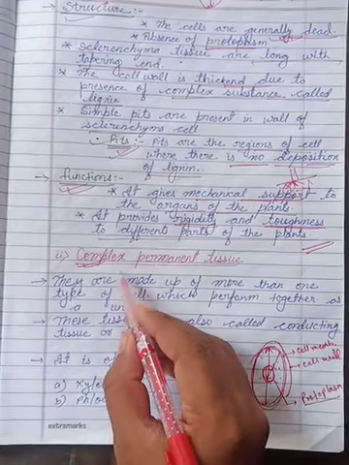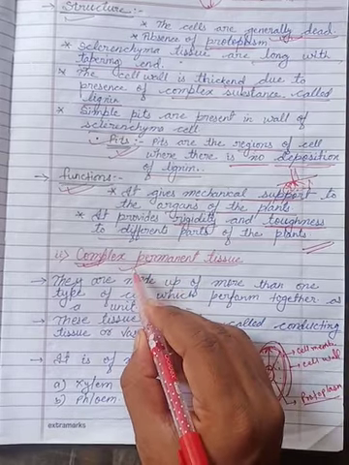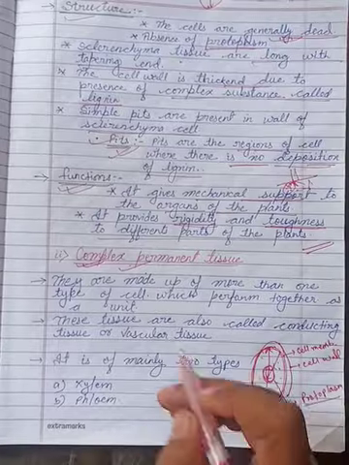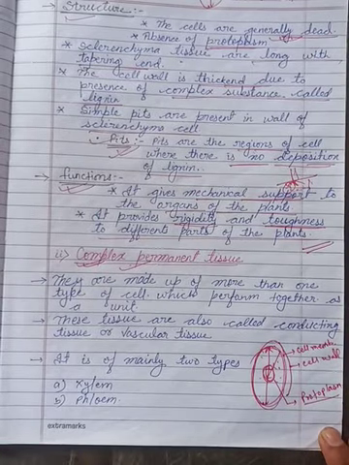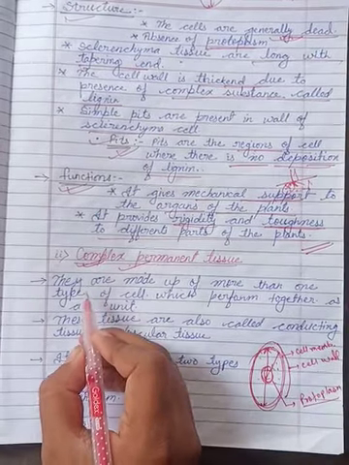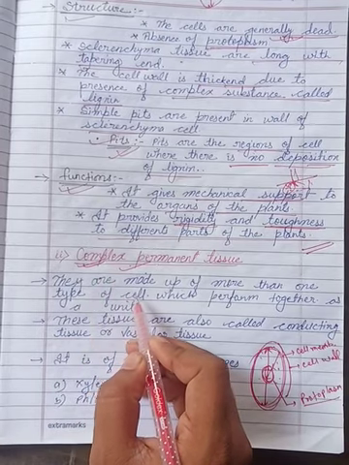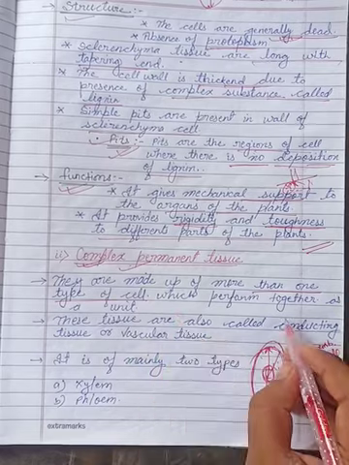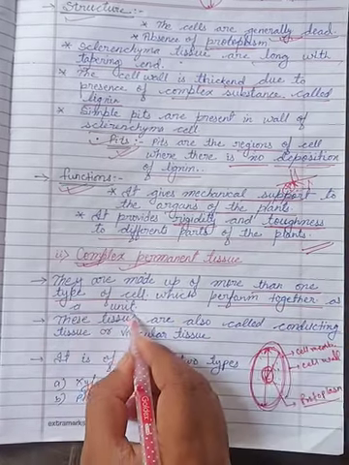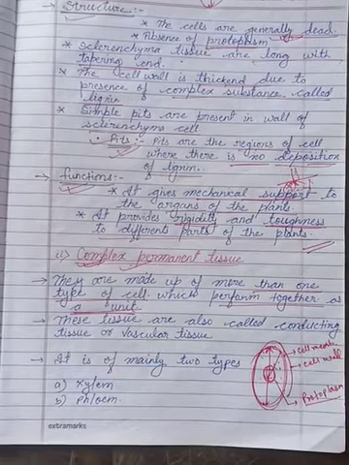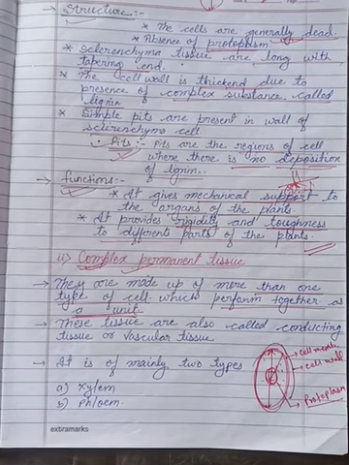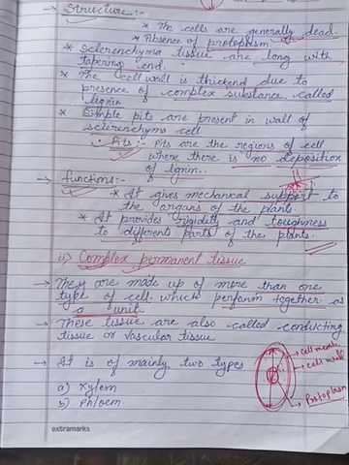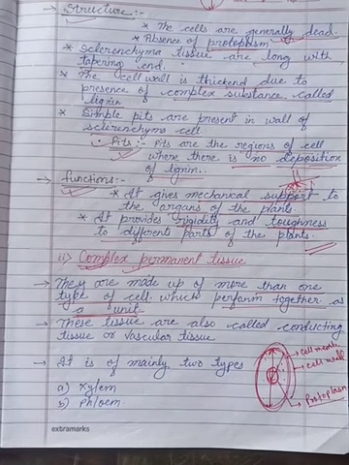Now take a look at the complex permanent tissue. The complex permanent tissue is made up of more than one type of cell which perform together as a unit. That means a group of different kinds of cells which perform as a unit.